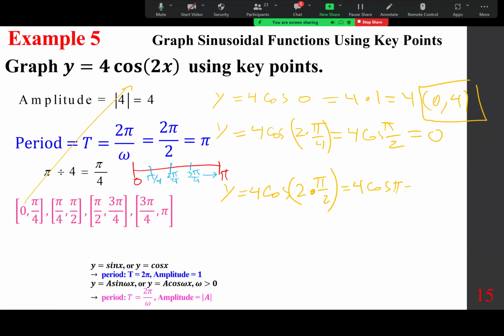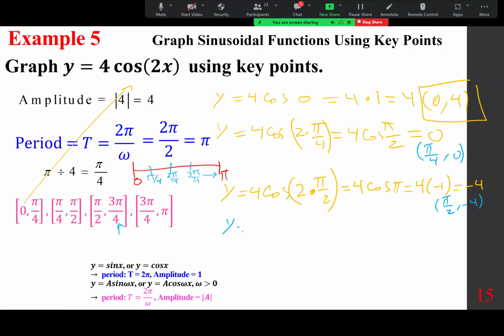And you know that is -1. So that gives us -4. So this one is pi over 4, 0. This one is pi over 2, -4.